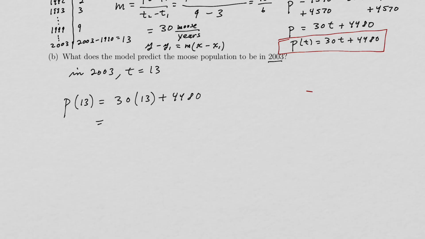Yeah, 390 plus 4480. And if I add those together, I'm going to get 4870 moose. Okay, so assuming that this is correct and you can model it as a linear function, then in 2003, you should have 4,870 moose.